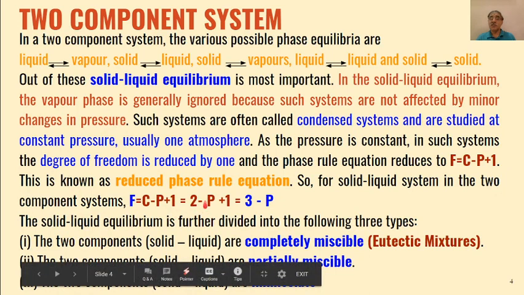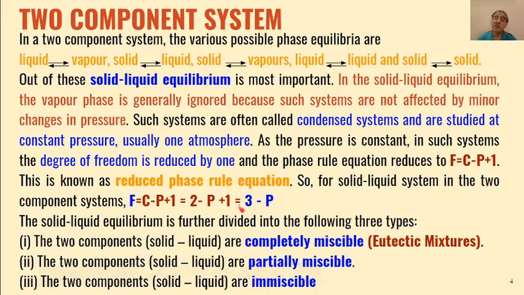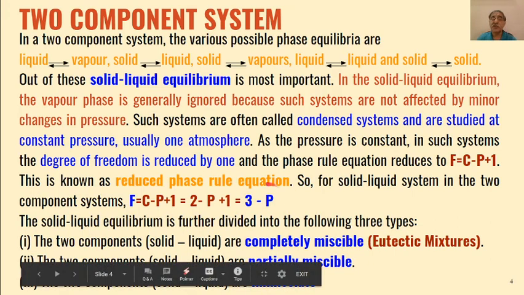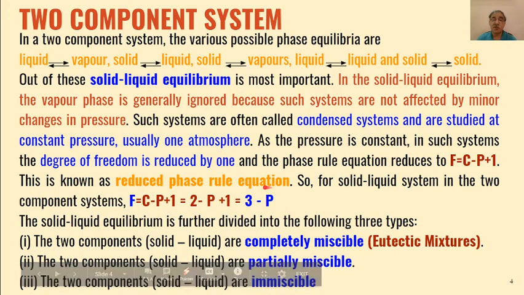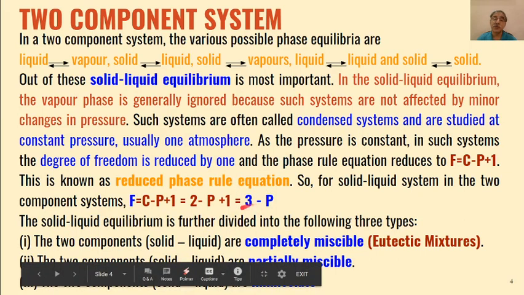So 2 minus P plus 1 means 3 minus P. So this is how we will be calculating the degree of freedom in such solid liquid equilibrium. So the degree of freedom will be 3 minus P.